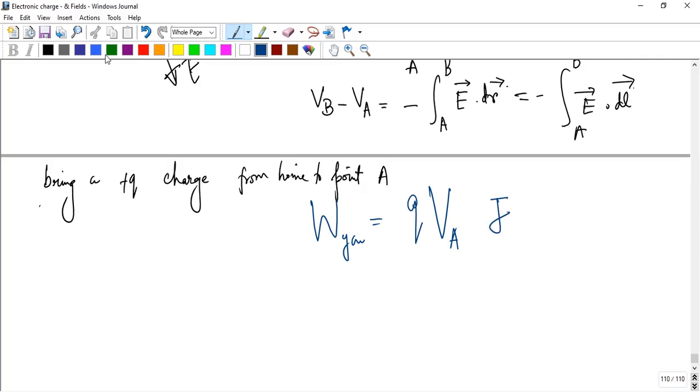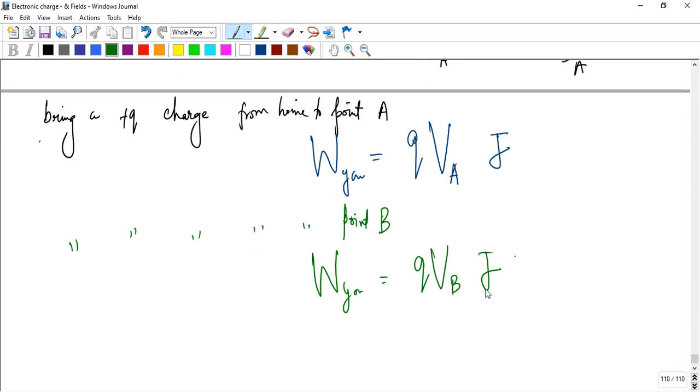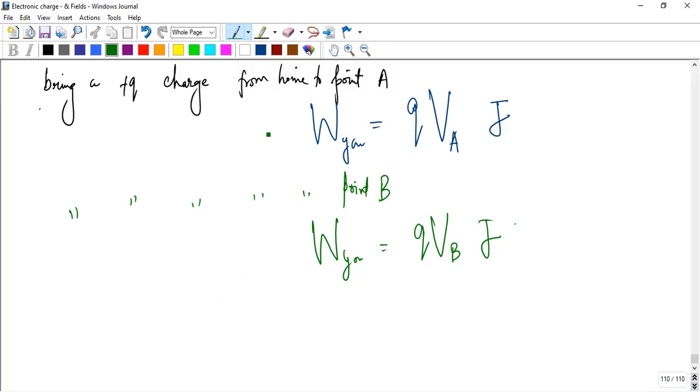Same concept: bring a positive test charge from infinity to point B. W by you is Q times VB joules. So the potential difference, or the change in work done, is Q times VA minus VB.